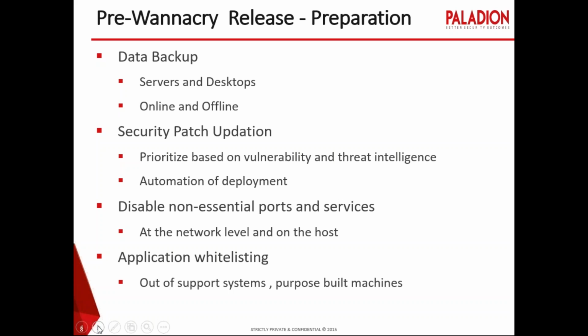So application whitelisting can definitely help us in preventing a ransomware scenario. So all those machines which are purpose built and all those machines which are possibly on out of support systems, and all those machines where rolling out a patch is probably a challenge because of low bandwidth and other reasons, application whitelisting could be one of the methods that could help us prevent the ransomware scenario.